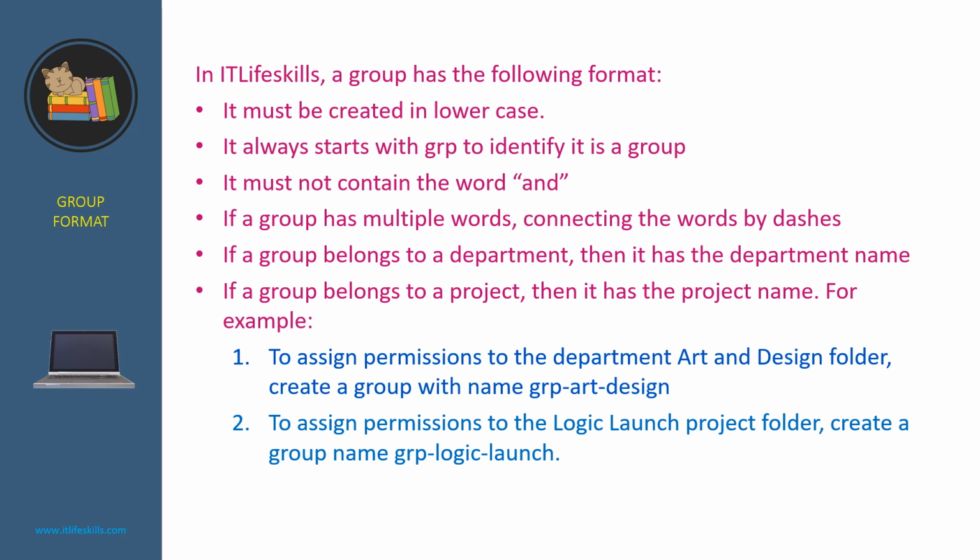For example, to assign permissions to the Art and Design department folder, create a group, start with GRP, and then add the department name. However, the department has the "and" in its name, so we remove the word and then connect the words with dashes.